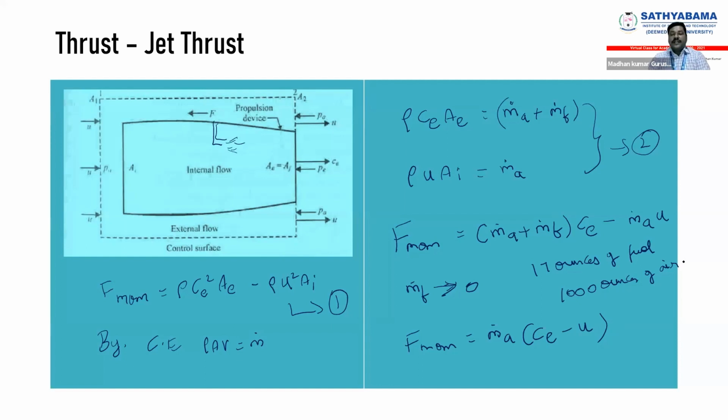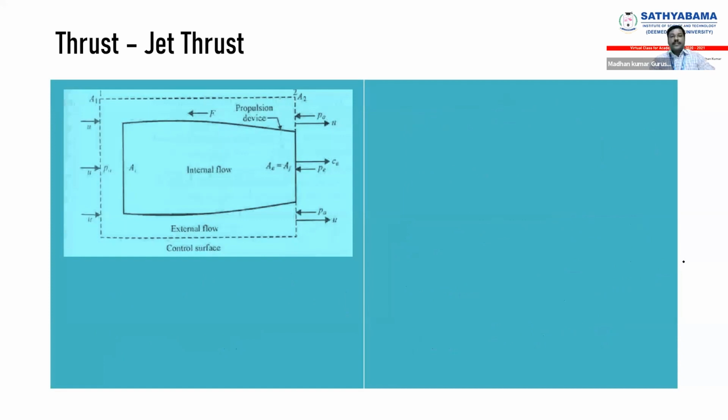Now you are going to find the pressure thrust, F pressure. What is F pressure? You have the exit area and the inlet area, and you do some manipulations and work it out for all the cases.